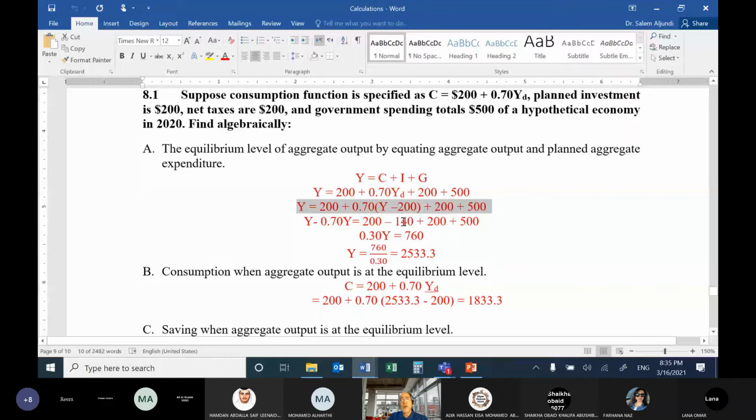Okay. 1Y minus 0.7Y will be 0.3Y. The sum of these numbers equals 760. So Y equals 760 divided by 0.3. So this is the equilibrium level of aggregate output.